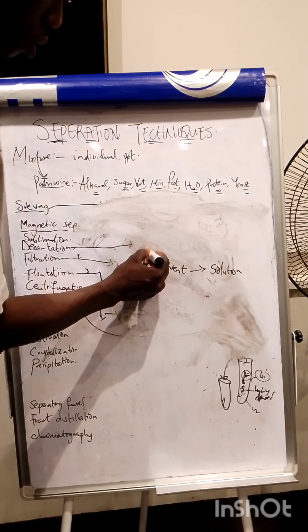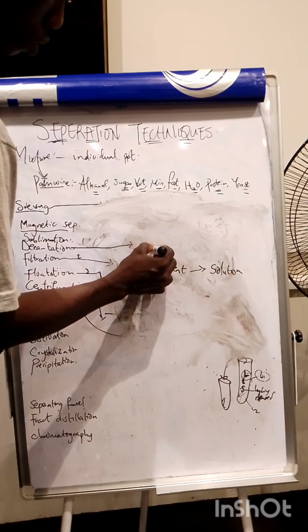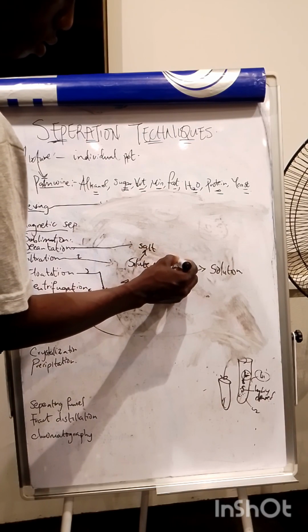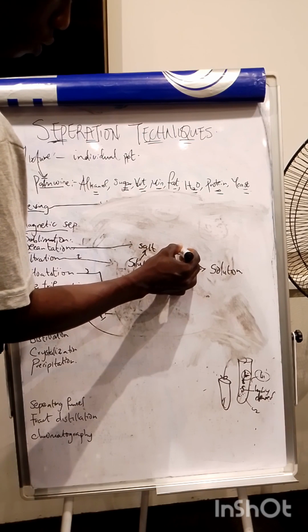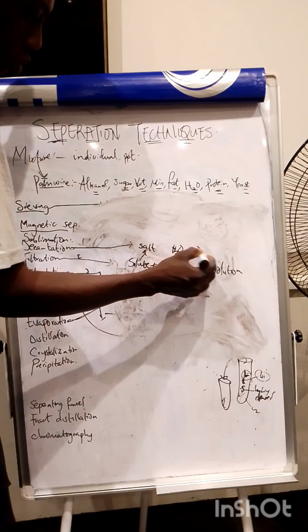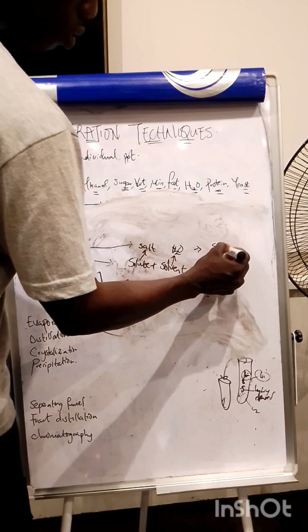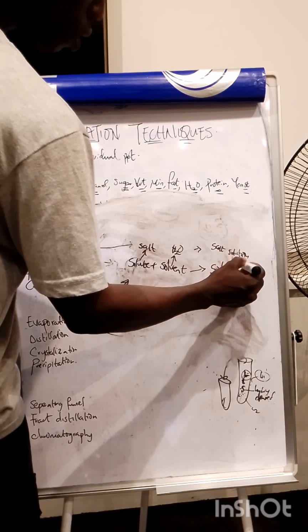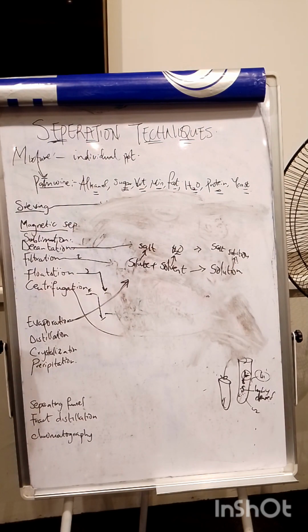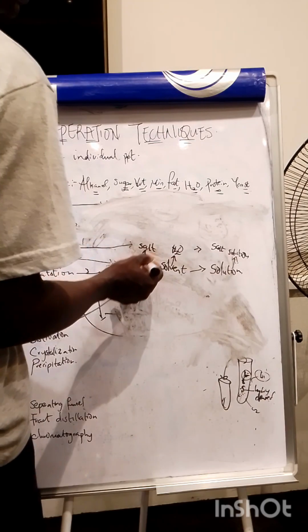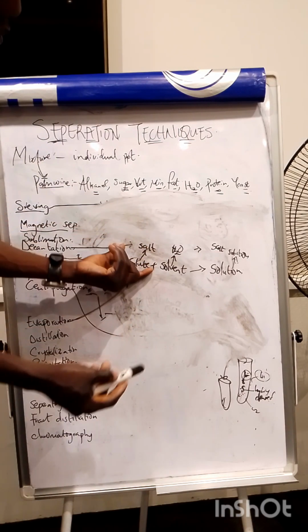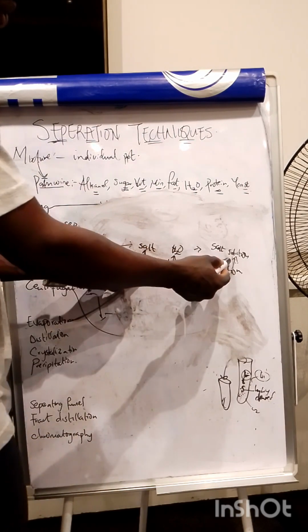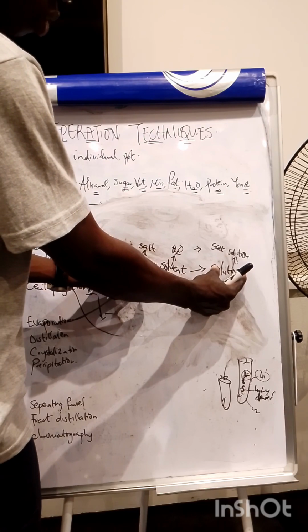Let's take an example: salt and universal solvent. You know your universal solvent, right? So what I'm giving you is a salt solution. Now the method of recovering your solute, which is your salt, from your solution is what is called evaporation.